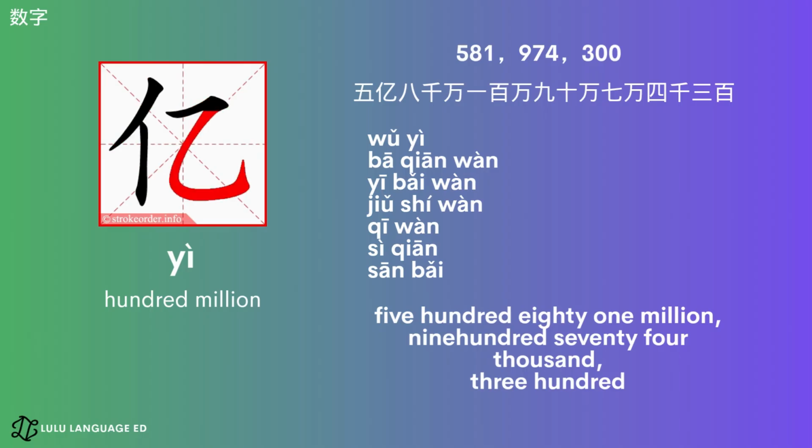Together: 5,800,000 100,000 90,000 7,000 4,300. And if the native people are going to say it, they would remove the repeating one and say 5,197,4,300.